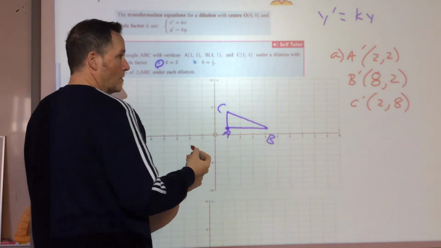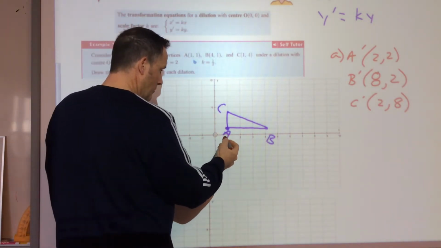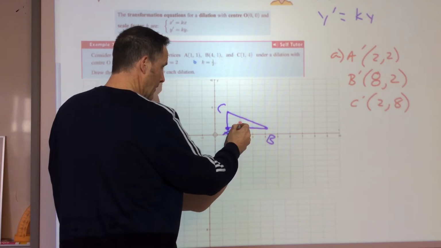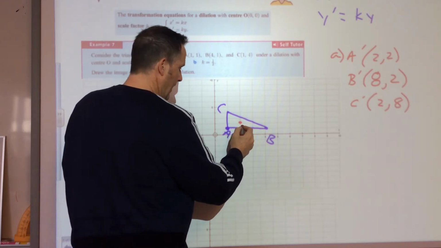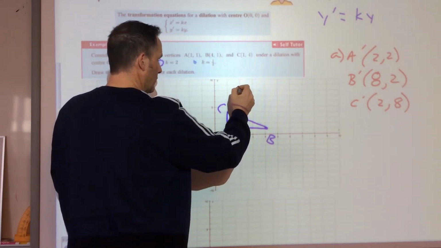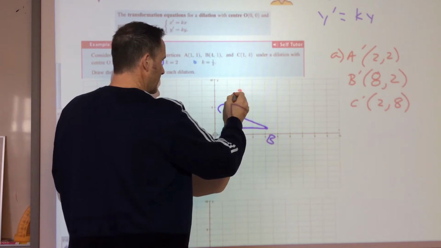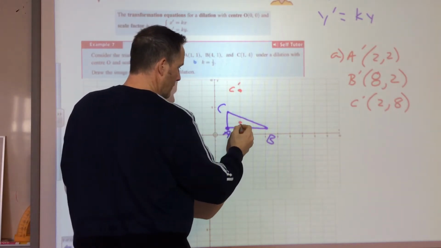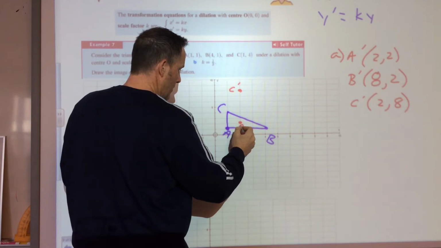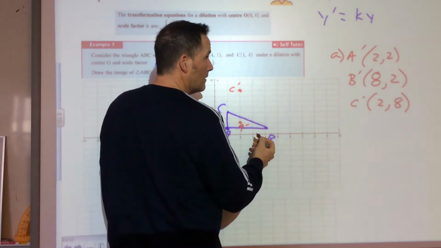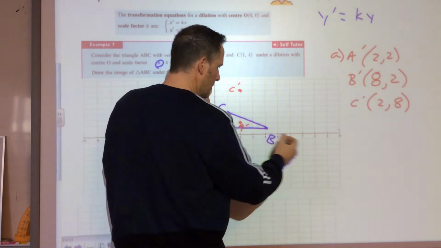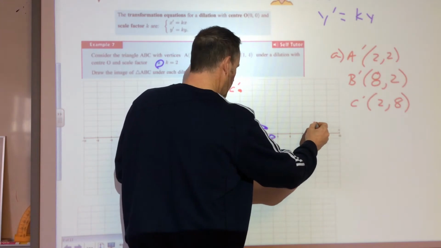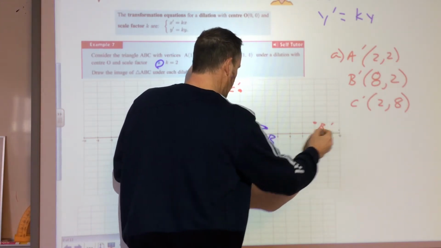So my new coordinates are going to be (2, 2), (2, 8), way up here, that's C prime. This is A prime, and then (8, 2), right here, B prime.